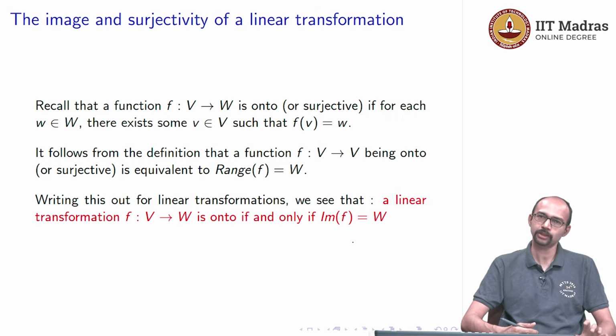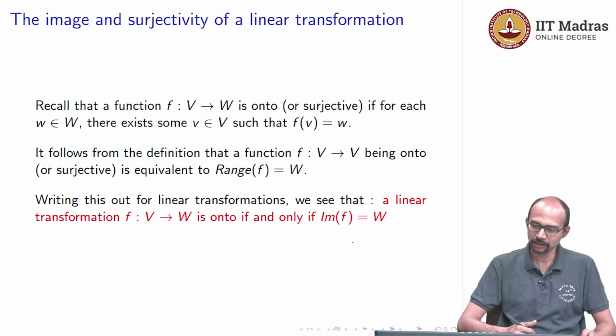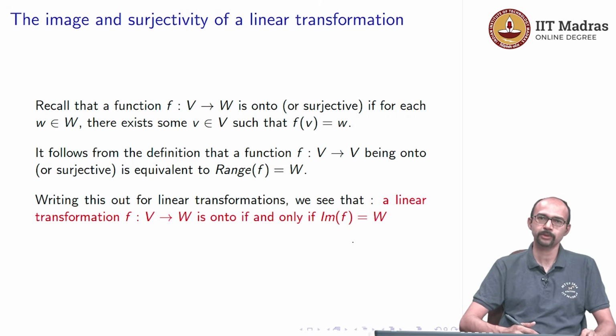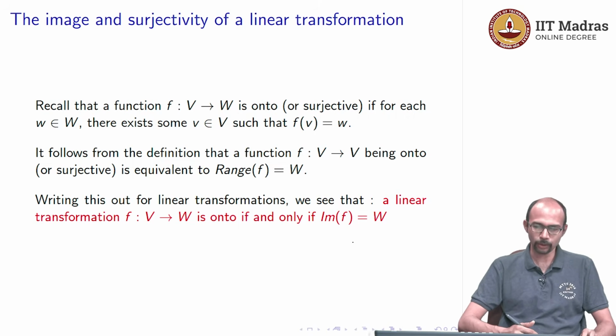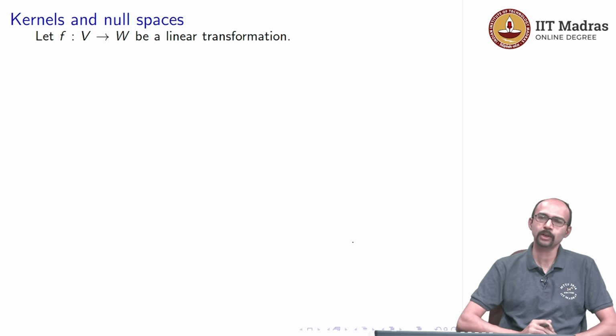Image of f is actually a subspace of W always, and we have proved that being onto is equivalent to the subspace image of f actually being the entire space. But this is not very different from what happens for functions. Let us now proceed and make the connection between kernels and null spaces.